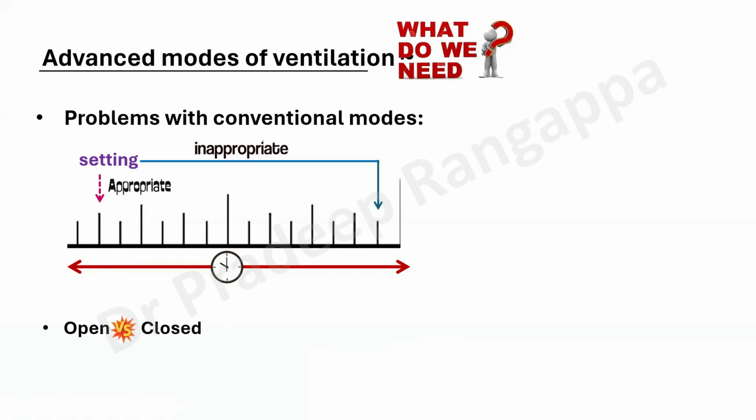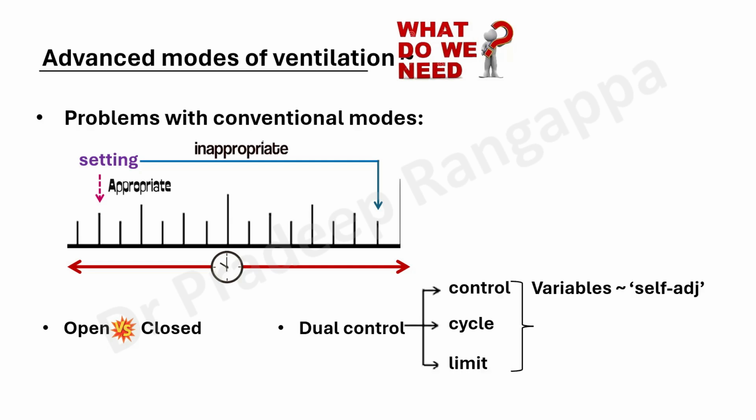Most advanced modes are closed loop ventilation, where certain information is relayed within the system and the system auto adjusts so that favorable settings are set for the patient. In closed loop ventilation, the variables are self-adjusted, and these could be cycle or limit, time limited, pressure control, volume control, flows, cycles, and the time.